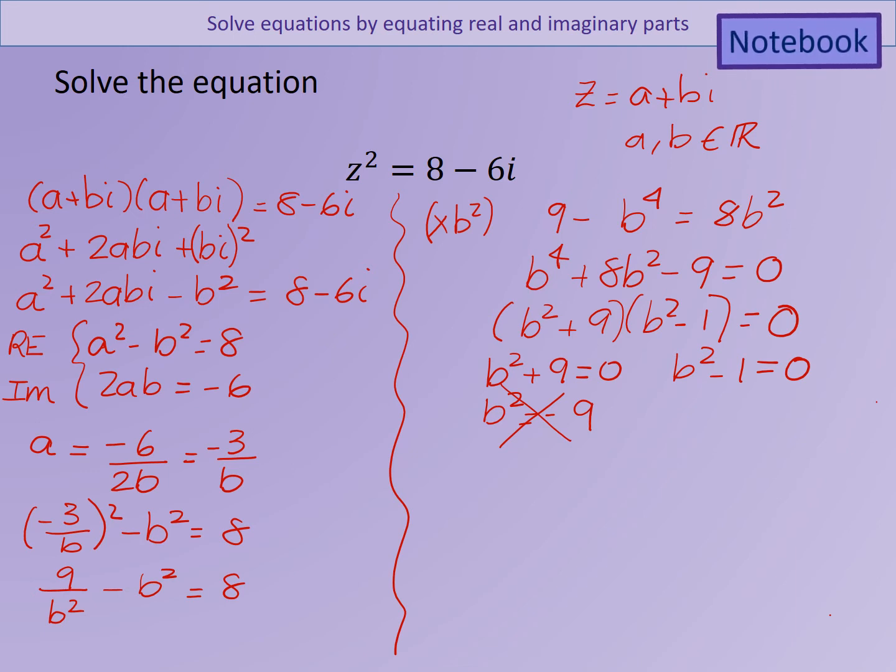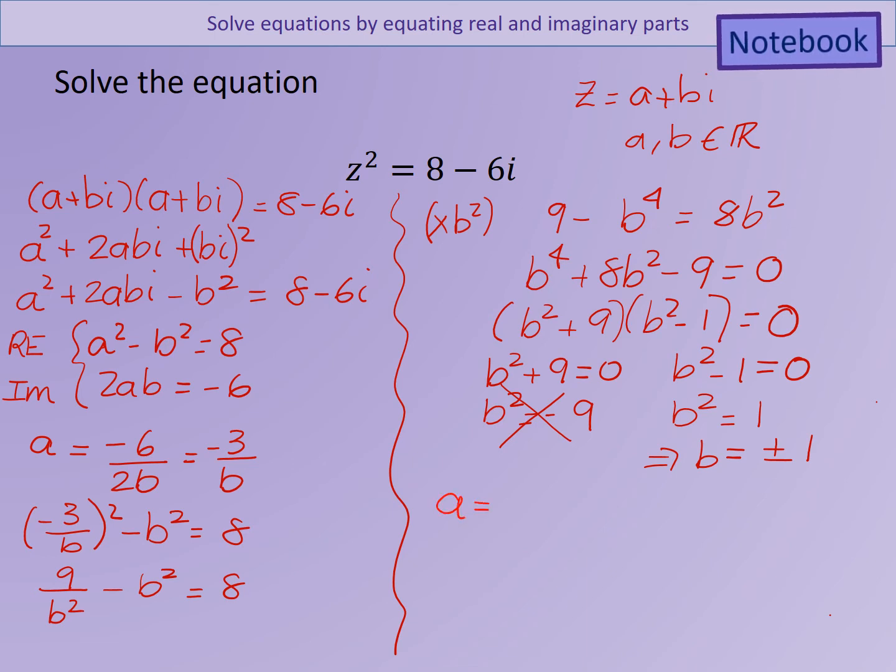Continuing with the equation then on the right, so we have b squared is equal to 1, which implies that b will be equal to plus or minus the square root of 1, which is 1. Substituting this back into one of the original equations then, I'm going to take this equation here, so a is equal to minus 3b.